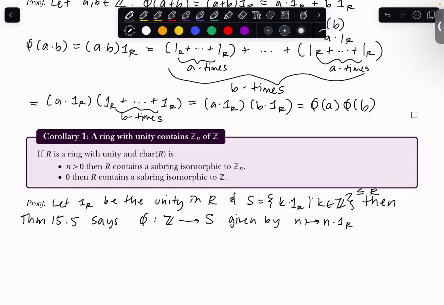So maybe I should really think, I really should have this going into R. And then we can think about what the image looks like depending on what this guy is here. But we do know that this map here is going to be a homomorphism.